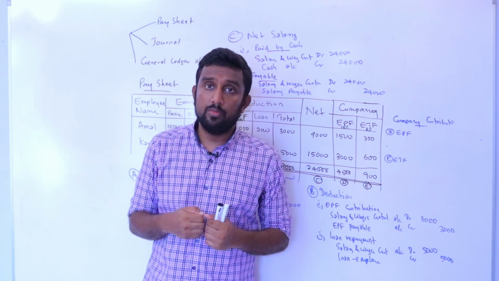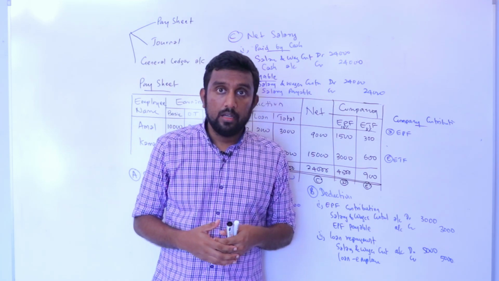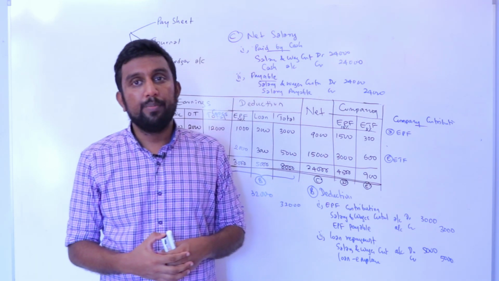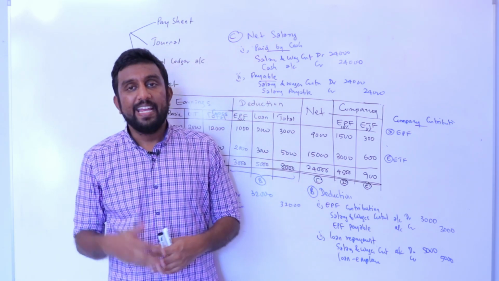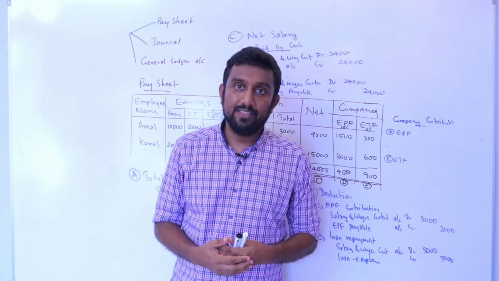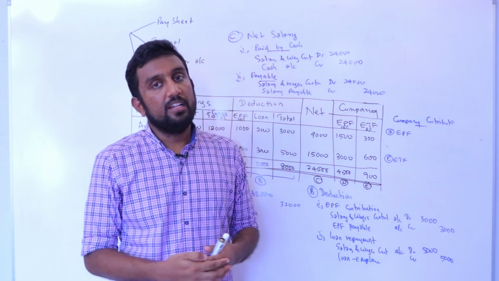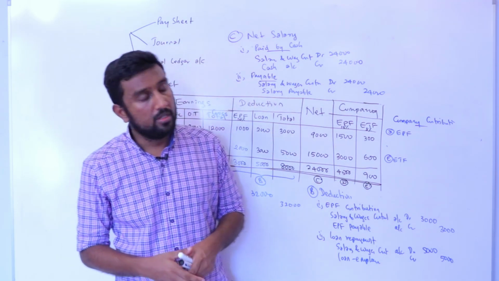So EPF contribution is an expense for the business, therefore the double entry is EPF expense account debit, EPF payable account credit. Why payable account? Because this has to be paid to the specific authority. ETF is also again an expense. So the double entry is ETF expense account debit and ETF payable account credit, because this also has to be paid to the specific authority.